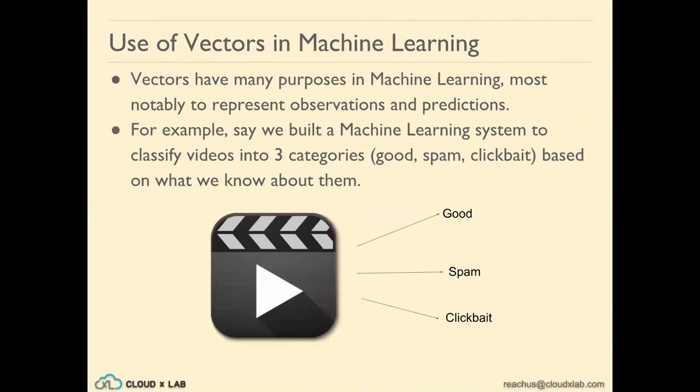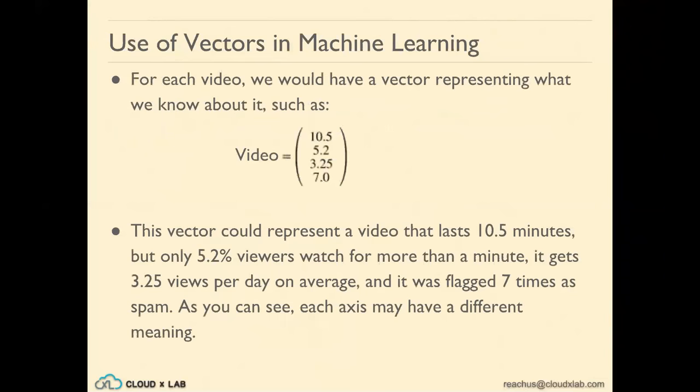For example, say we built a machine learning system to classify videos into three classes: good, spam, clickbait, based on what we know about them. If we have to classify a video into three categories, good, spam, or clickbait, then we will have to define the outcome as a vector. Not only that, for each video we would have a vector representing what we know about it.